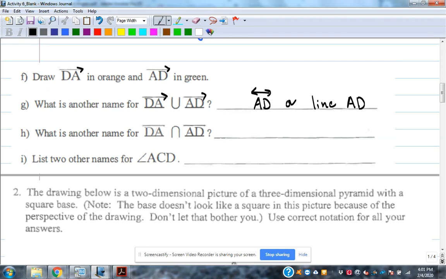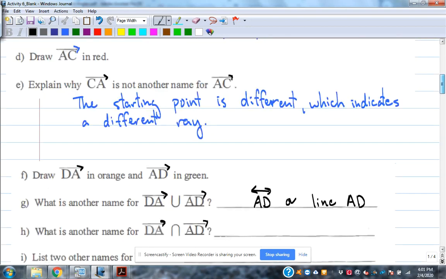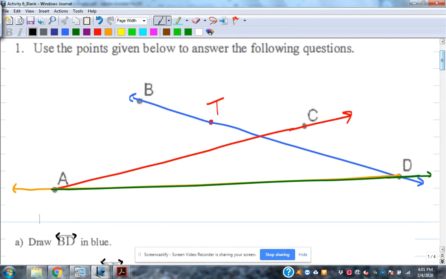And then part H asks us to take ray DA and ray AD and get the intersection of those two rays. What's an intersection? The intersection is, it's in both of them, right?